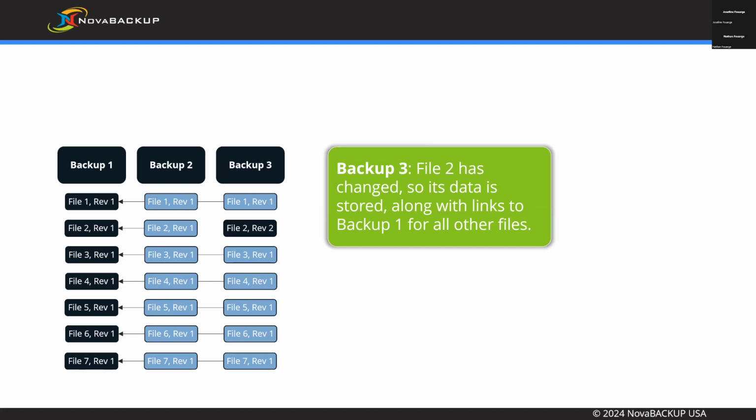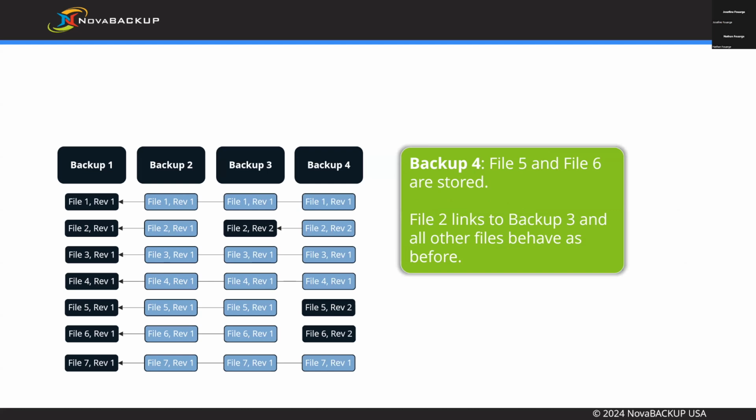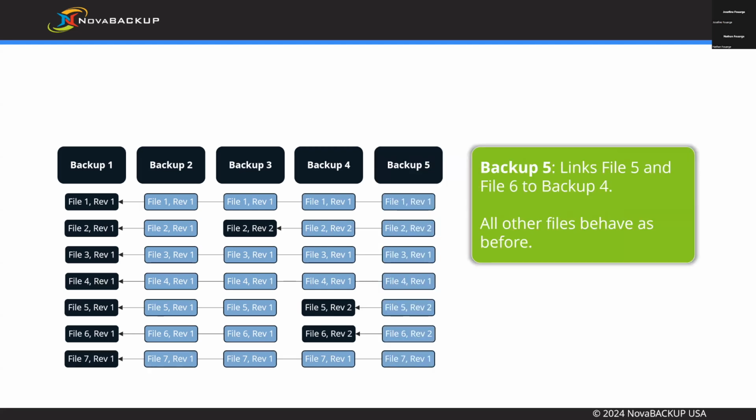They're still protected by backup 3, but there's no data in backup 3 to refer to those. Backup 4, files 5 and 6 are changed, so it has those 2 files in backup 4, along with references to the other files that have not changed in that particular one. Backup 5, nothing changes. It still just says, all these files are still protected at that point in time when I did backup 5.